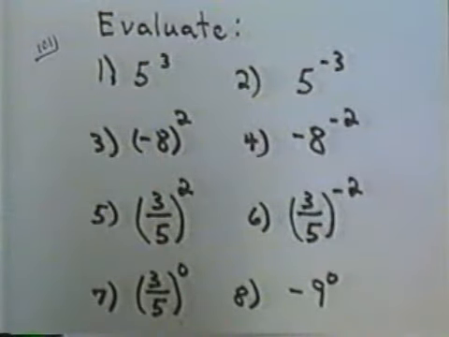The sixth one, 3/5 to the negative 2. The seventh one, 3/5 to the 0 power. The eighth one, the opposite of 9 to the 0 power.